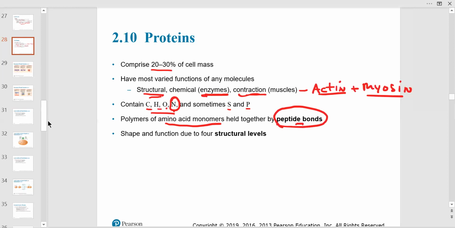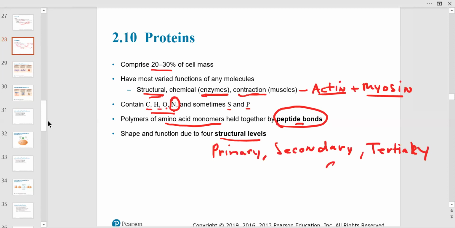And the shape of the protein is very important. And the different levels, you're going to have primary shape, secondary shape, tertiary shape. How do you even spell that? And quaternary.